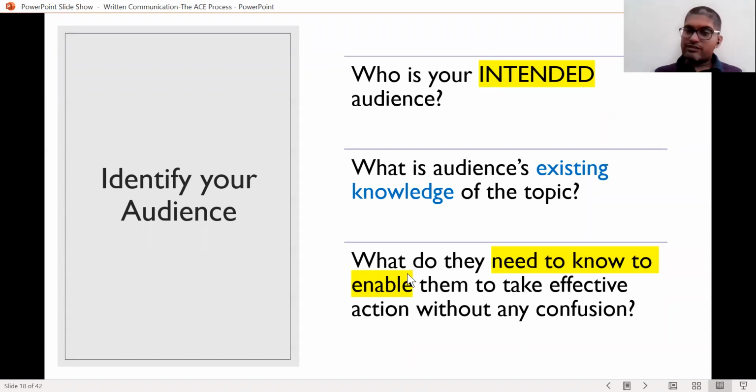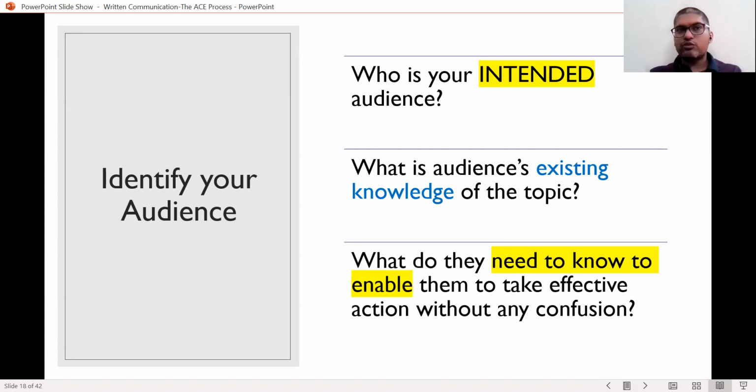These two things, writing the purpose statement and identifying your audience, go hand in hand. One, who is the intended audience? Second, what is their existing knowledge about the topic? If you are writing for a layman about a phenomenon of physics, it will be a very different kind of document, because you cannot make assumptions about what understanding or existing knowledge they have.